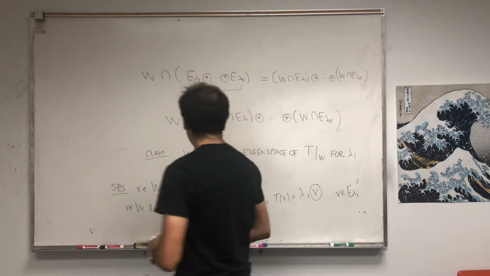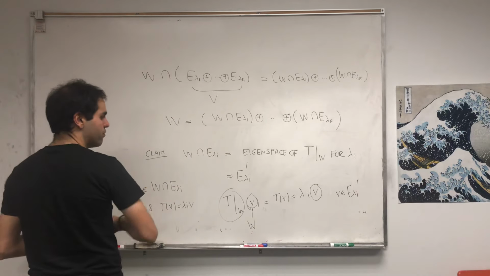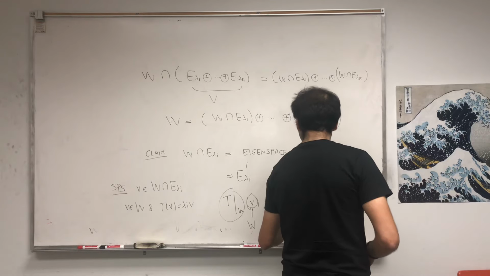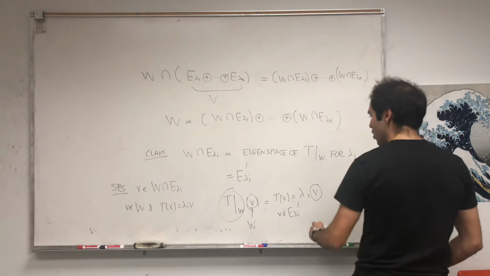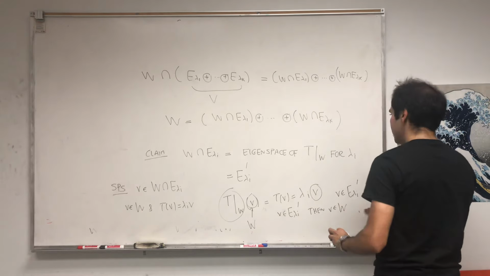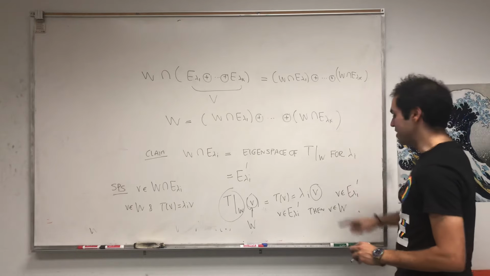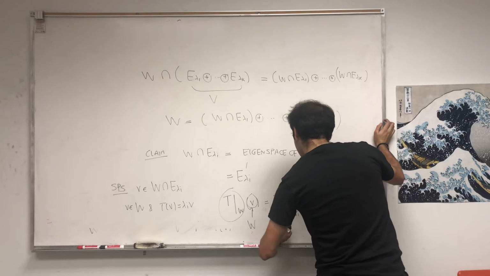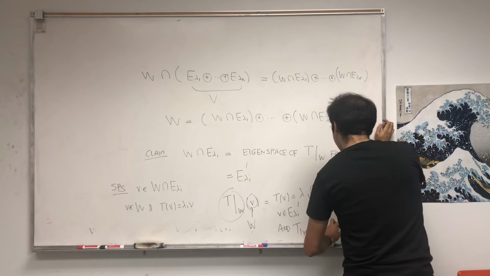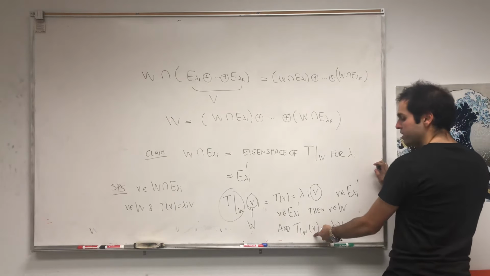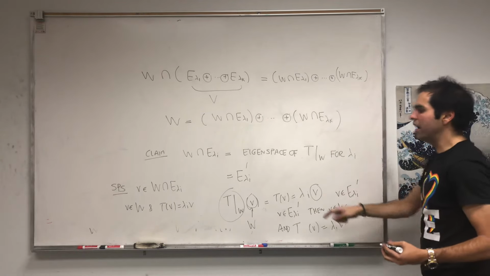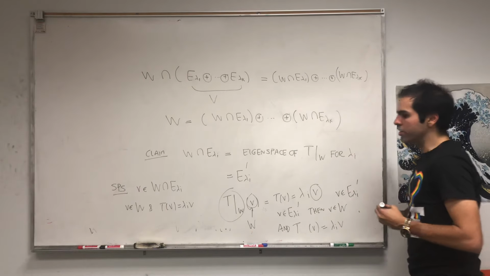And similarly, if we have V in the first eigenspace, so if V is in E of lambda i prime, first of all, it's in W, because we're restricting ourselves to the subspace W. And T restricted to W of V, we know it's lambda i V, but because V is in W, this is just the same as T of V. So T of V is lambda i V, so it is indeed the direct sum.